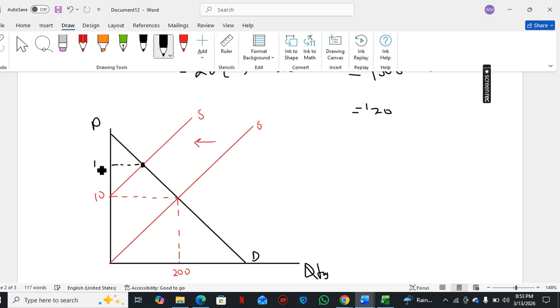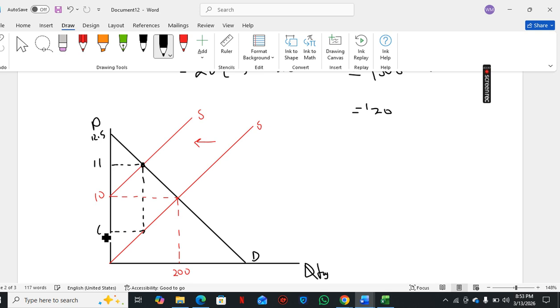This is the 11 kwacha the buyers are paying. The 11 kwacha the buyers are paying here was 12.5. Then you draw a dotted line like this here. Where this dotted line touches the supply curve, you take it back to the y-axis.